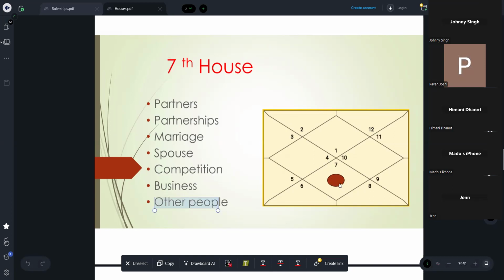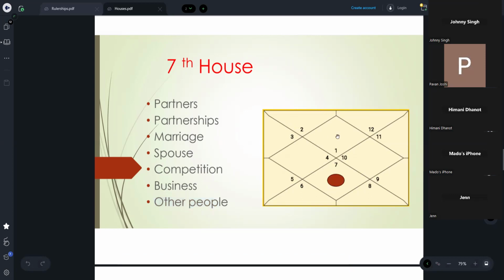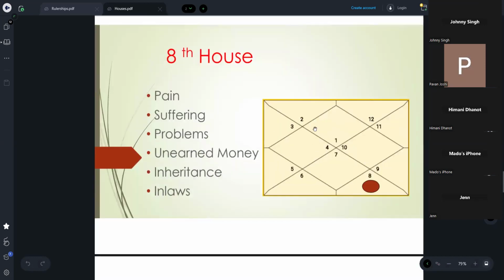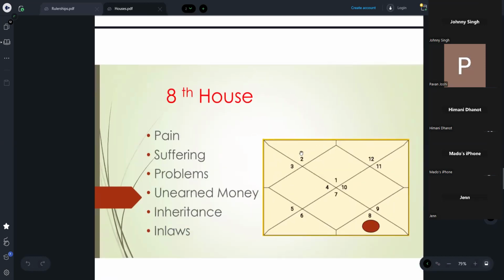In general, I'm not talking about necessarily friends or family. General interaction with other people represents the seventh house. It's right across from where you are. So your opposition, if you want to call it so, the person you interact with on a regular basis.